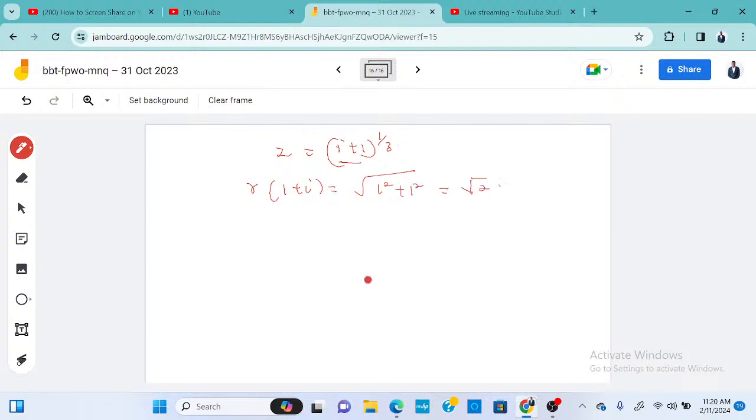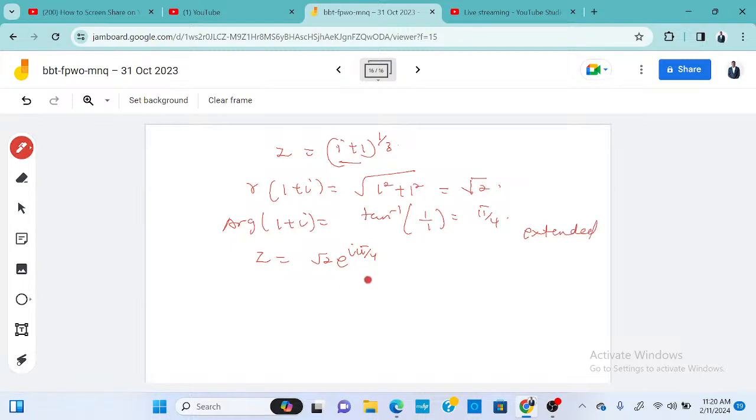Then my argument of 1 plus i is simply equal to tan inverse of 1 over 1, giving me pi on 4. So I'll get z to be equal to root of 2 e to the power i pi on 4. But take note, in De Moivre's theorem application, we use the extended arguments.